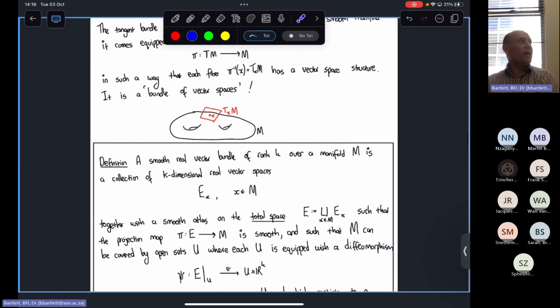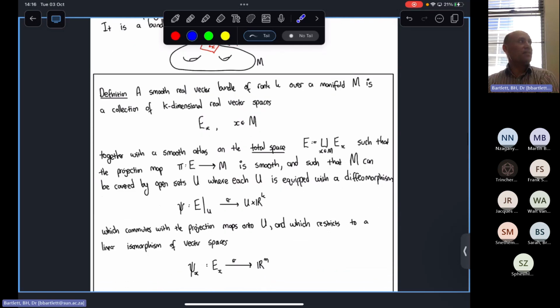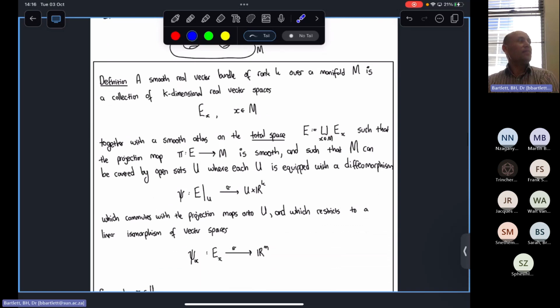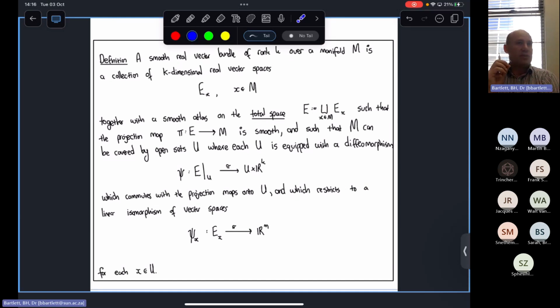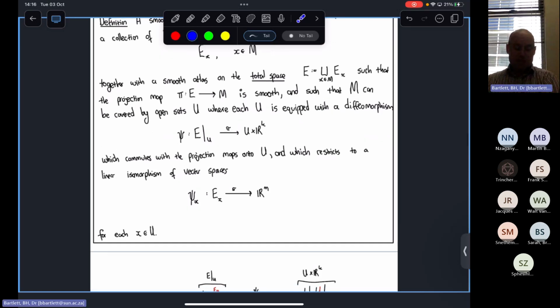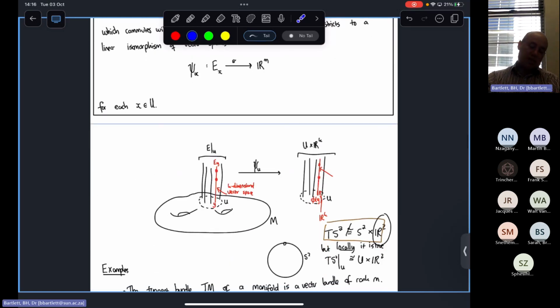So we can axiomatize that to the concept of a vector bundle over a manifold, basically a smooth bundle of vector spaces. Every point in the manifold, you've got a vector space. And the only condition is that this collection has to be smooth and locally trivial, meaning that around every point you can find an open neighborhood such that the bundle restricted to that open neighborhood is actually just the product bundle.